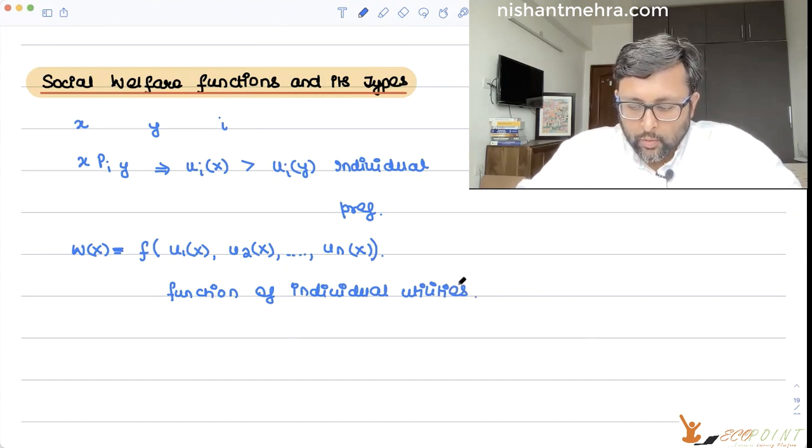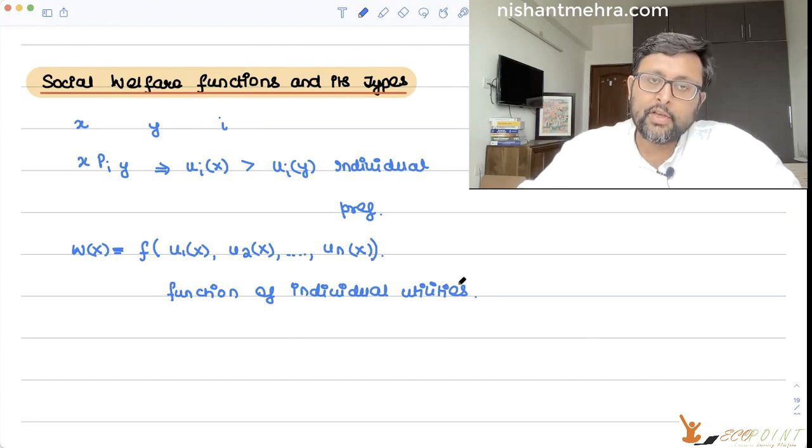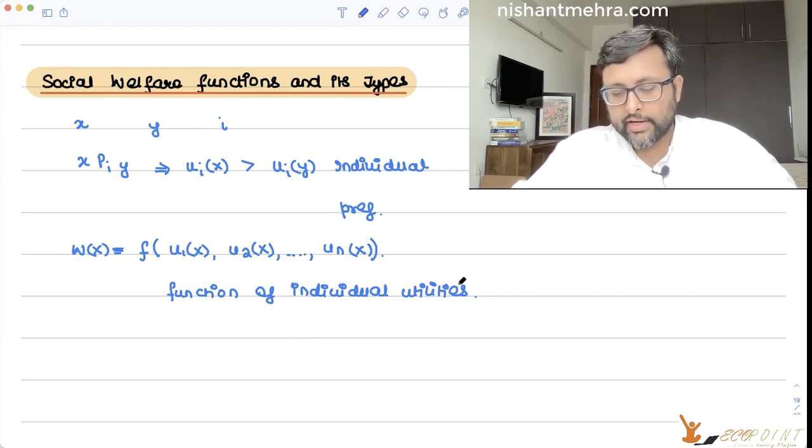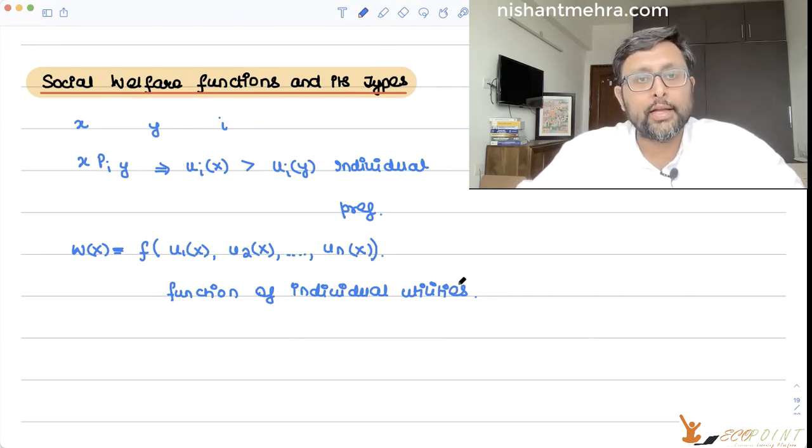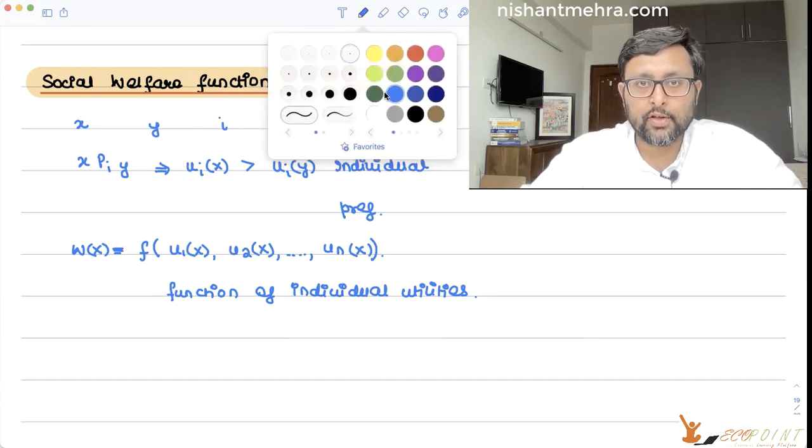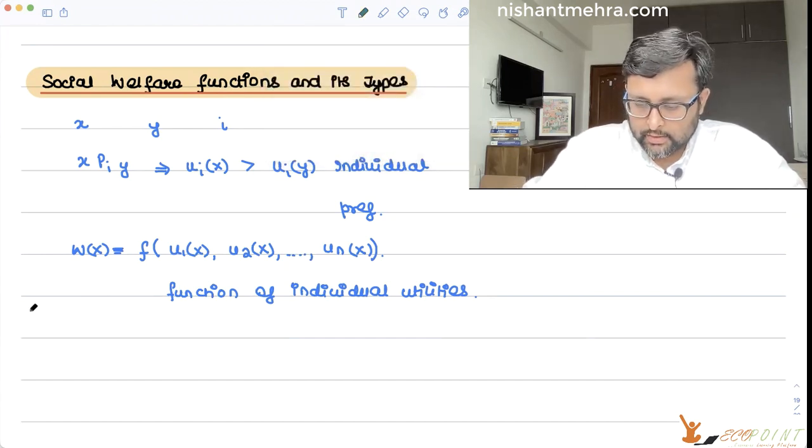What it does is that it is giving ranks to the different allocations depending on the individual preferences. So what does a social welfare function do?